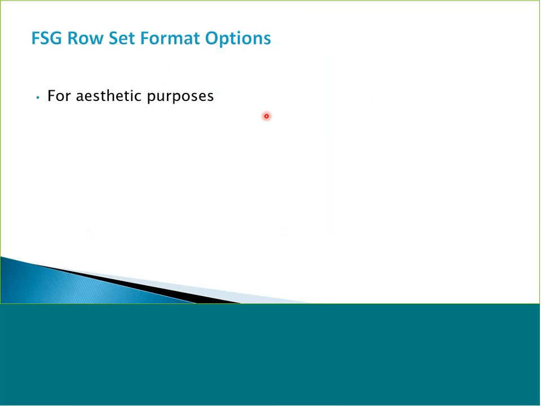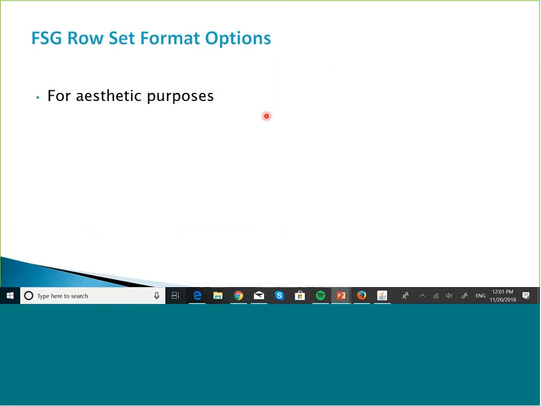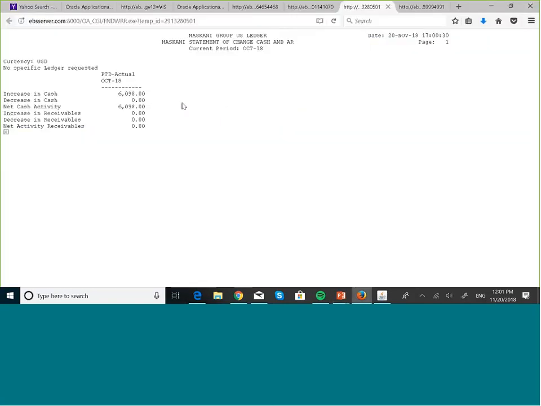So like this report doesn't look very good. You might want to have increase in cash shown there, and then maybe a space, and then go to the next section, which is for receivables, so on and so forth.